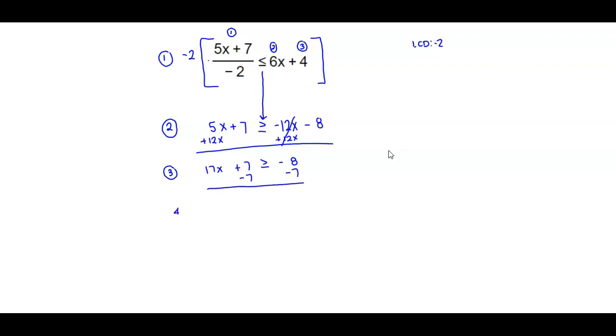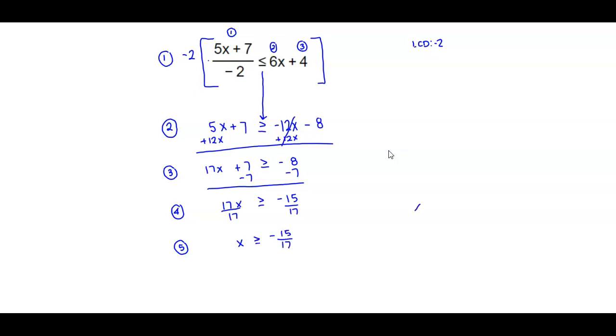And so therefore, we end up with 17x, which is greater than or equal to negative 15. Now we're going to divide both sides by a positive 17. And so therefore, we get x is greater than or equal to negative 15 over 17.